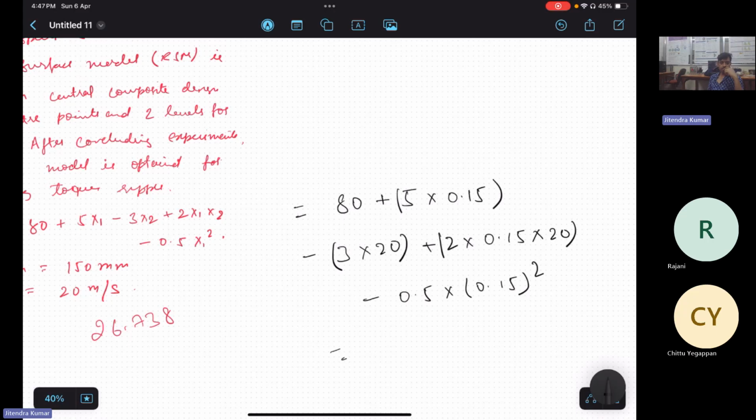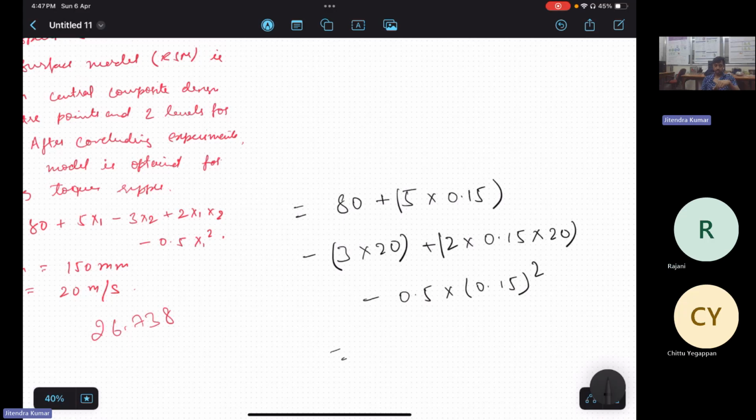X1 is in mm. I don't know why in the solution for X1 they are directly using the value in mm instead of converting it into meters.